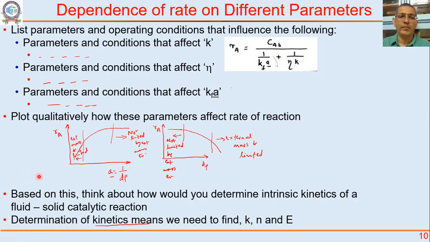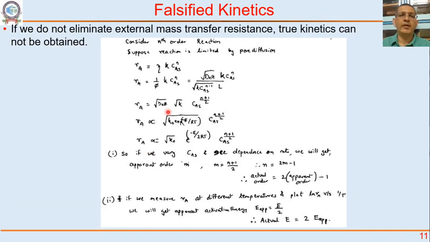Let's go forward. If I have to determine kinetics, I need to ensure that external mass transfer resistances are eliminated. But what about pore diffusion limitations? Suppose I say an nth order reaction that is limited by pore diffusion.